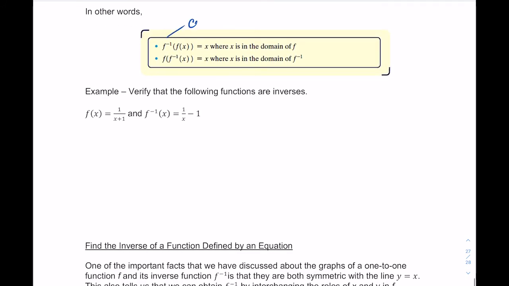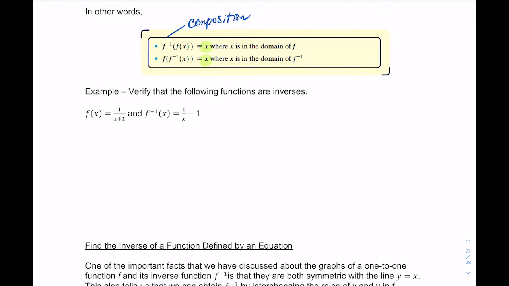You want to look at the composition, which is something we talked about in one of the other lectures. Here you're looking at f inverse of f of x should equal x, and f of f inverse of x should also equal x. So I'm doing two compositions, and I'm just showing that both of them equal the reflection line x.